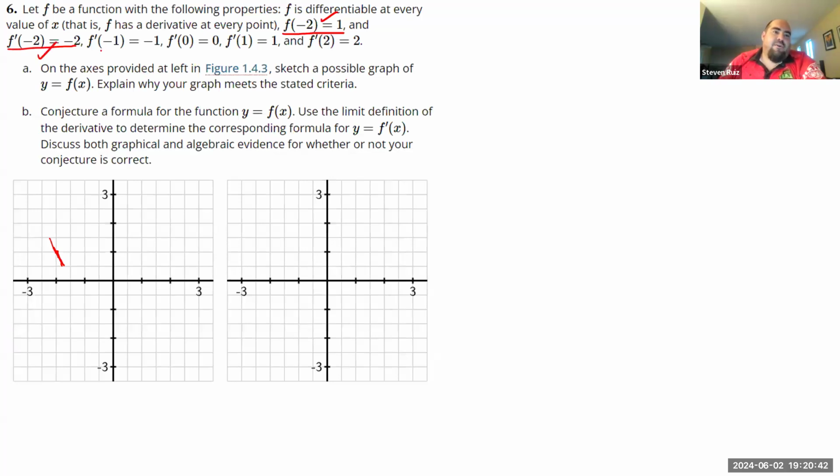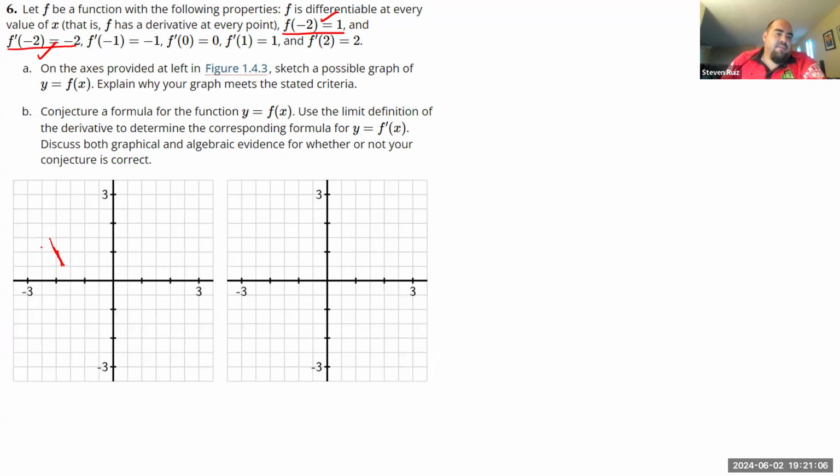Going a little further, we're given more values of the derivative. F prime of -1 is -1. So I know when x was -1, we have a slope of -1. Maybe before we put that slope in there, we should figure out what this looks like.